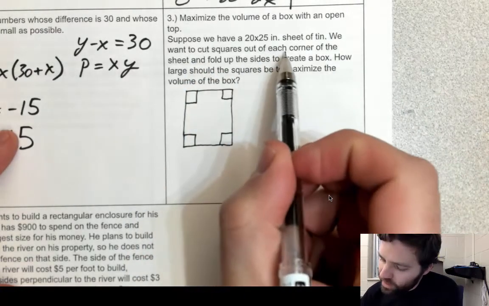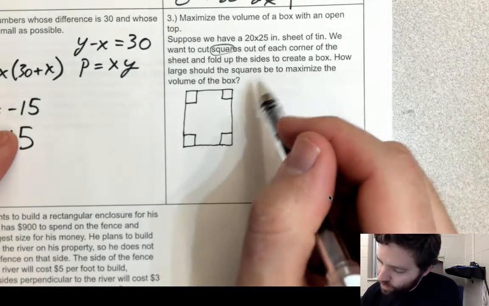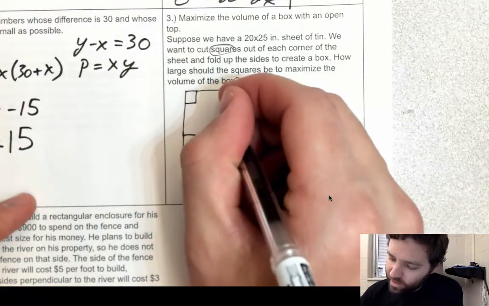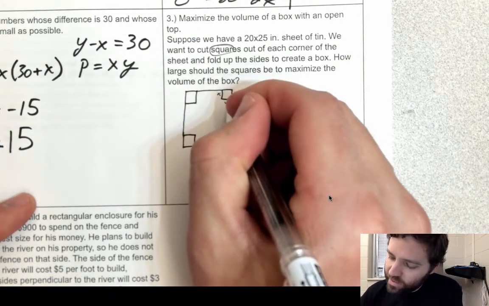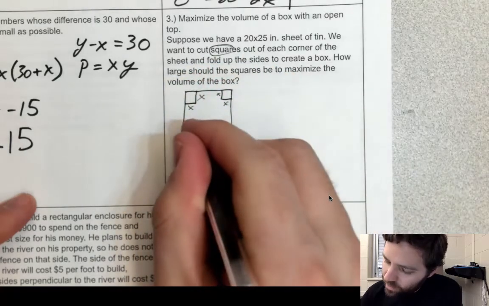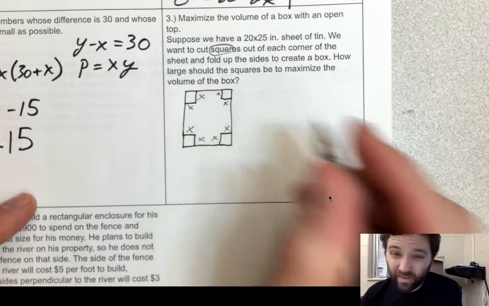Okay, there's squares, it tells us, so that's important. We're going to cut the squares out and fold the sides up to create a box. All right, so what that means is that these dimensions all have to be the same. So that's x, x, x, x, x, x, x, and x.